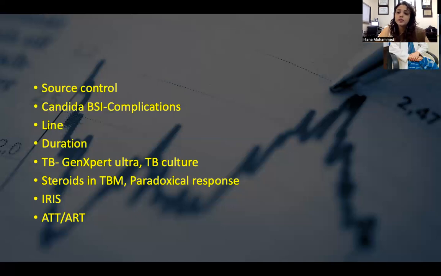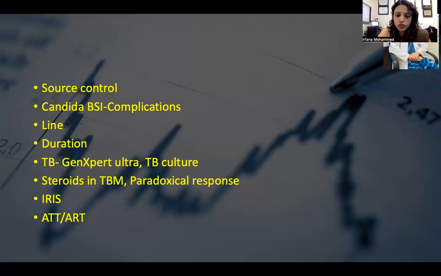You have to send GeneXpert Ultra and also TB culture so that you can confirm whether there is drug-resistant TB. There is isoniazid monoresistance also, because GeneXpert Ultra will not give INH resistance, it will only give rifampicin resistance. So if a patient is having INH monoresistance and you are giving first-line ATT, the patient will not improve. So you have to confirm with the TB culture ultimately.